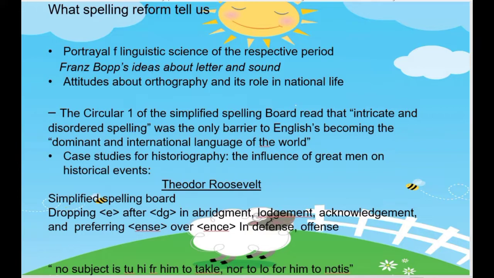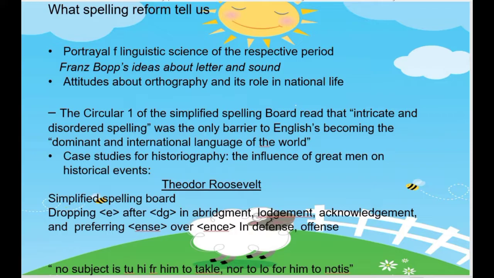Intricate spelling involves the extreme complication of the spelling of words, having a lot of complexity interrelating the parts of an element.